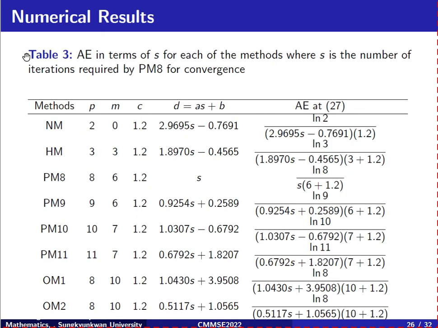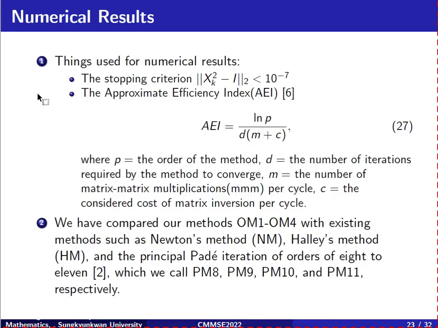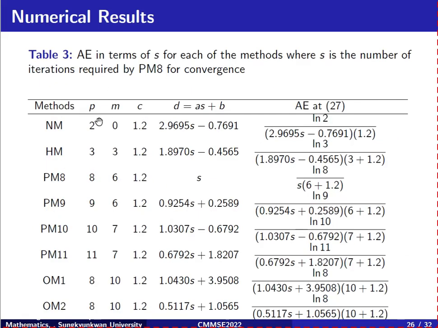Now we can compute the average efficiency index, the approximate efficiency index, based on this. To compute this, we need to compute D. To compute this one, we assume the value of D for PM8 is 8. Then we can assume that the other methods have a linear relation with this method.